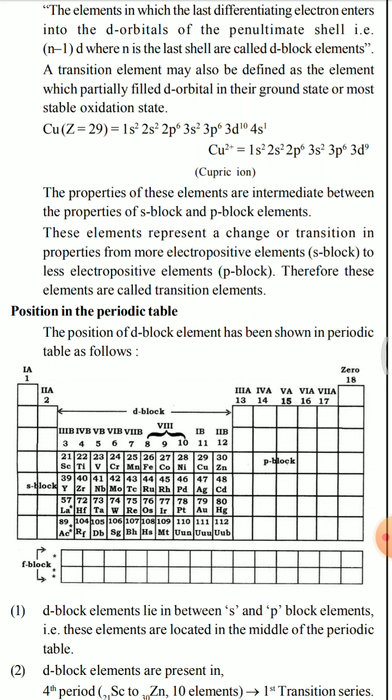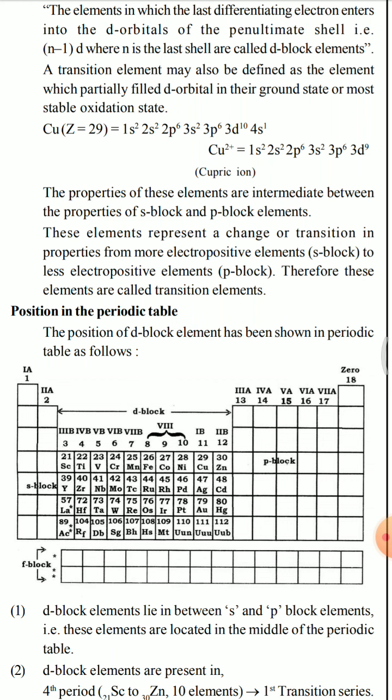Then coming to the 12th group, that is zinc, cadmium and mercury. For example, let us consider zinc, atomic number 30, electronic configuration is argon 3d10 4s2. The zinc atom has a completely filled d orbital. If we consider its most stable oxidation state, that is Zn2+, the electronic configuration of Zn2+ is argon 3d10 4s0.